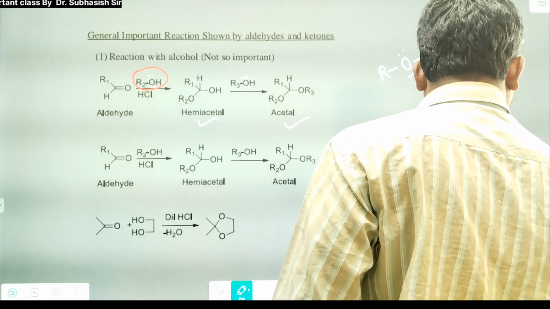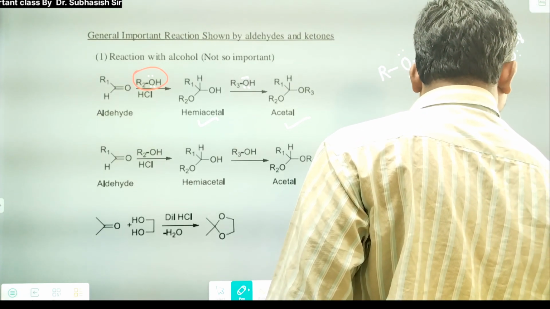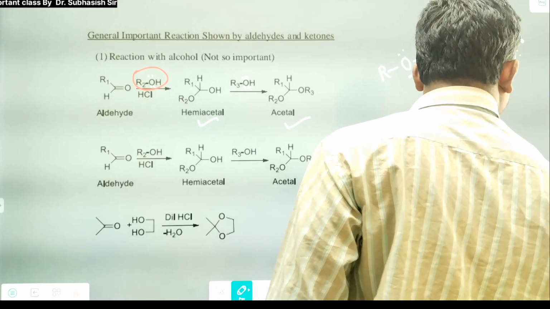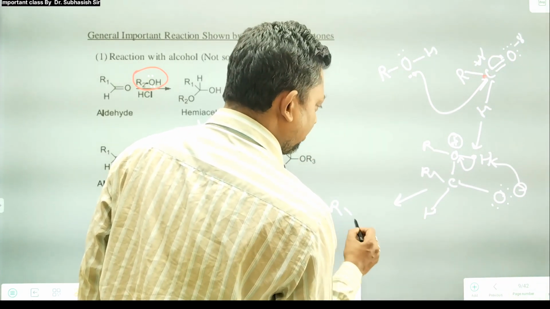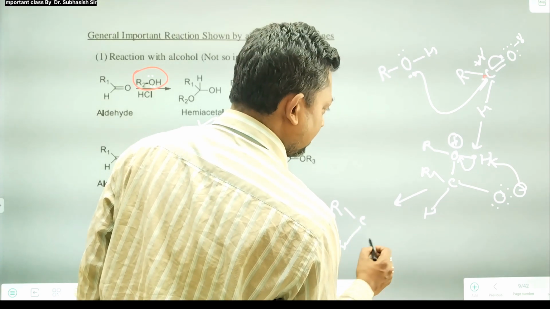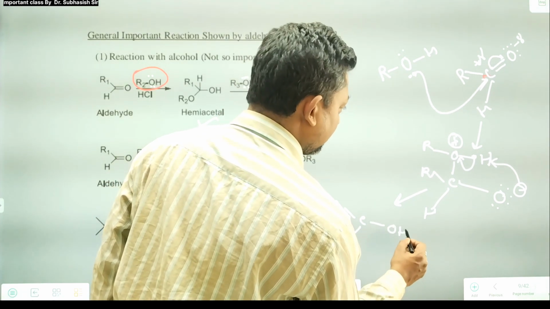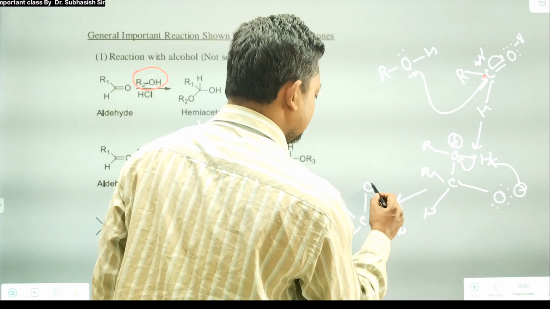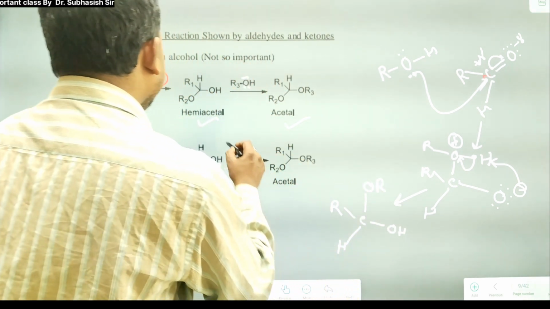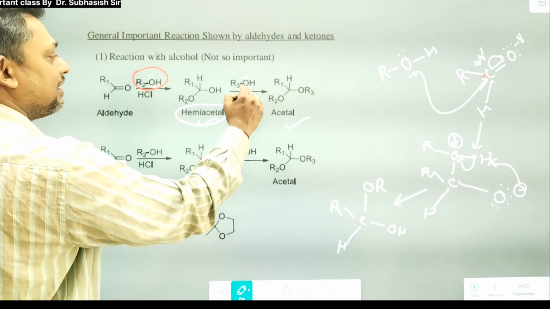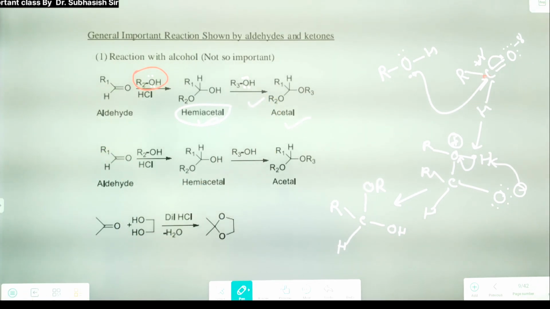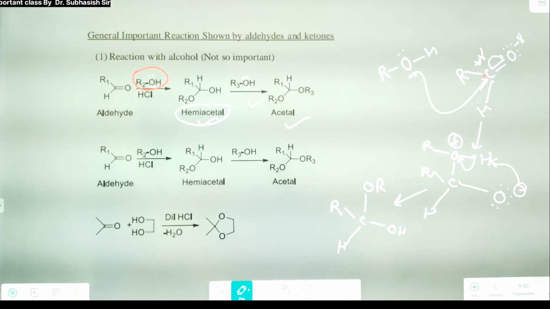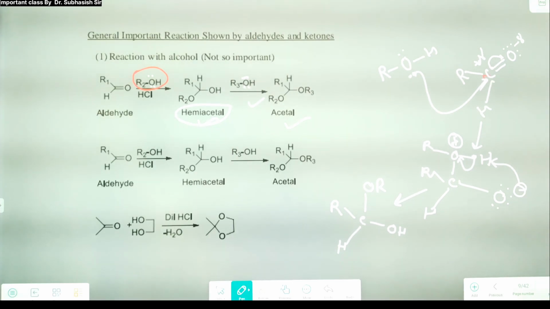Finally this oxygen will take up this electron and this proton will be taken up by this O negative, and we will end up with a product which is called hemiacetal. Similarly, it can react with another molecule of alcohol by the same procedure, and again here you can get acetal.